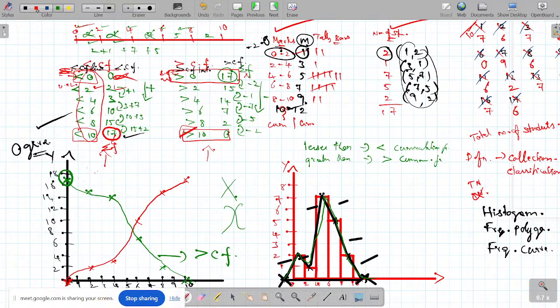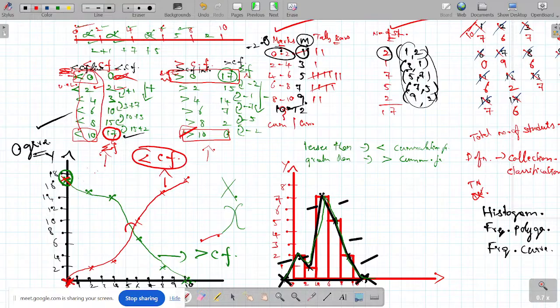What is this curve? The red line. Less than CF ogive or less than CF curve. If you go for the features of the less than CF curve, it will start with 0 and the slope of the curve will be traveling upwards. The greater than CF will start with the value 0, because if we consider 0 and 17, we start with 0, and it slopes downwards.